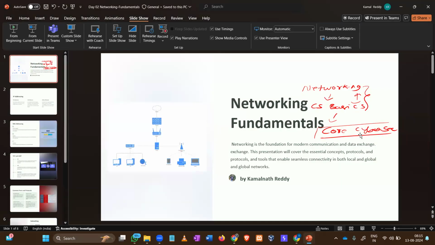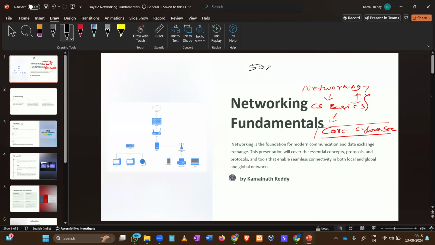As we discussed the importance of networking, I could say, guys, if you know networking, you have already covered 50% of all the domains in cybersecurity, 50% of the syllabus. The only thing you have to learn is the core cybersecurity. That's why whenever I start a course, network fundamentals are very important.